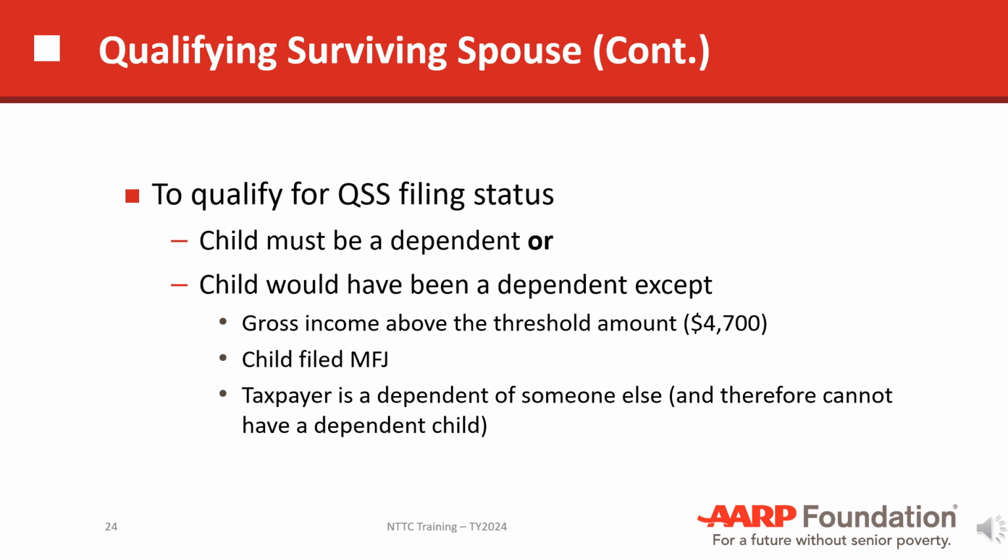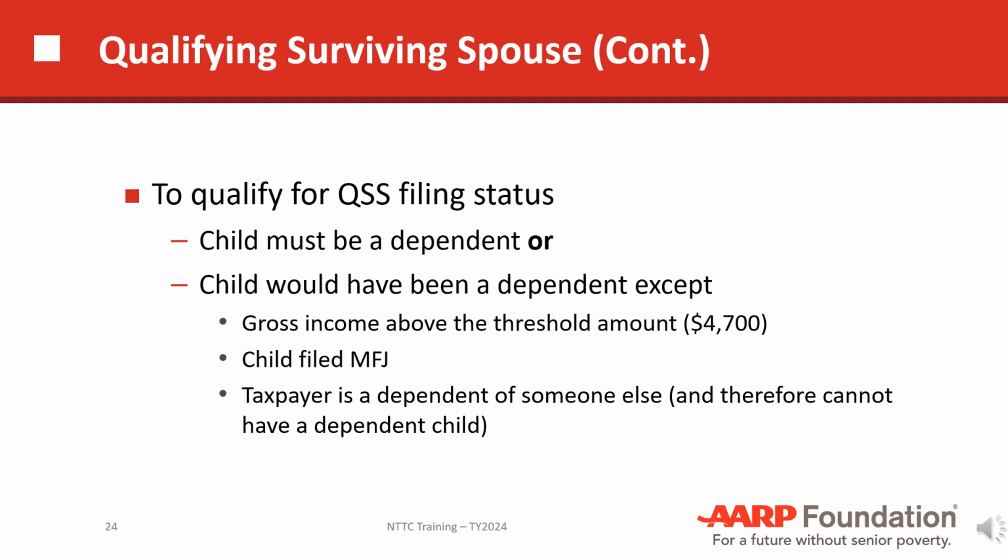So that's the magic number for 2024, $4,700. A person could have income higher than that $4,700, but they still qualify this taxpayer for filing QSS because they've lost their spouse. Also, the child may have married filing jointly, so it's an older child that may qualify the taxpayer for being able to claim QSS.